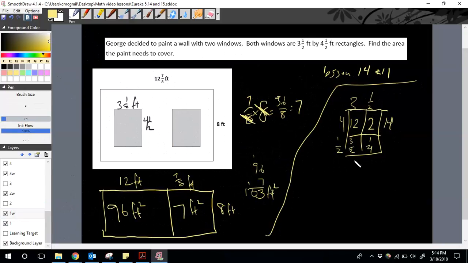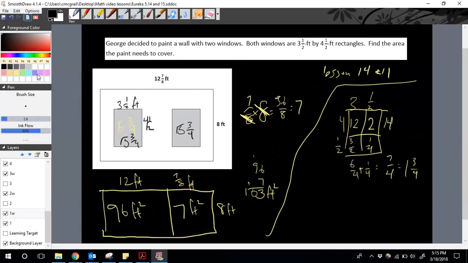And 3 halves, I'm going to change this to be 6/4, plus 1/4 is 7/4. 7/4 is 1 3/4. And when I add 14 and 1 3/4, each window is going to be 15 3/4. Let me change color to get a little bit darker. This is 15 and 3/4, and this one's also 15 and 3/4.